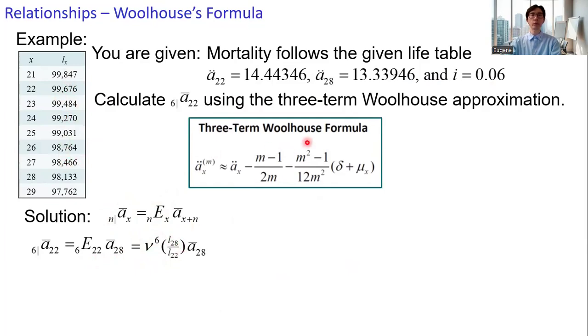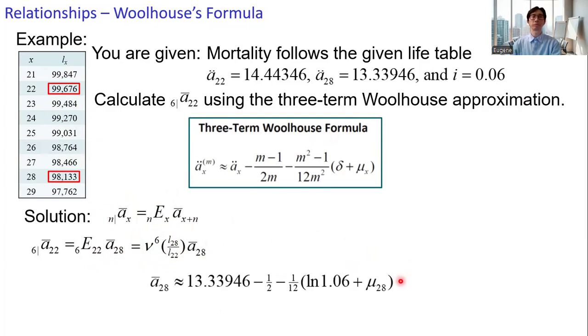And we'll use the three-term Woolhouse formula to approximate A bar 28. A bar 28 approximately equals A double dot 28. And then as m approach infinity, the second term is 1/2, and then the last term is 1 over 12, and then times delta plus mu x. Delta is the natural log of 1.06, and then we need to approximate mu 28.